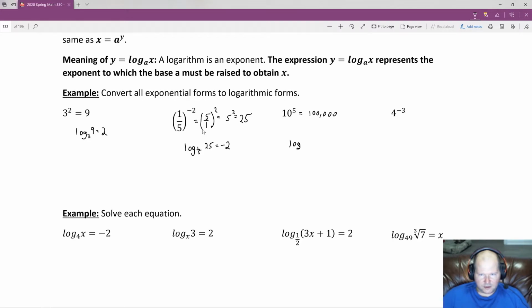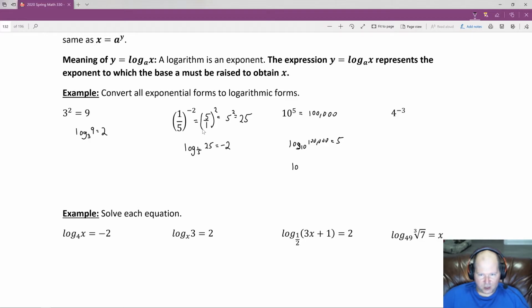So what is the base on this? The base is obviously 10. And what is it equal to? It's equal to 100,000. And what was the exponent? 5. Now this one's a little bit different in that the default or understood base is 10.